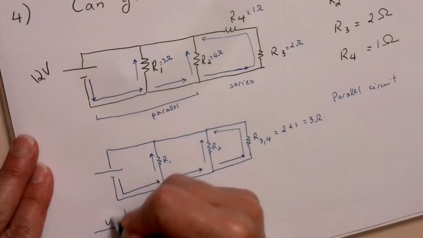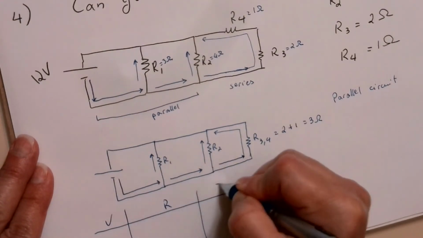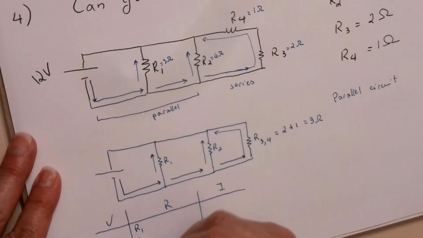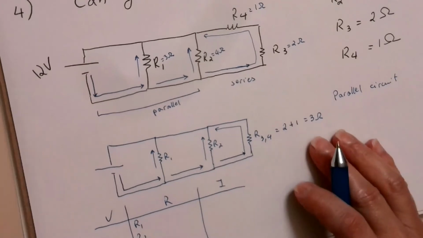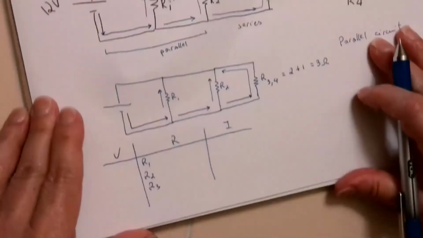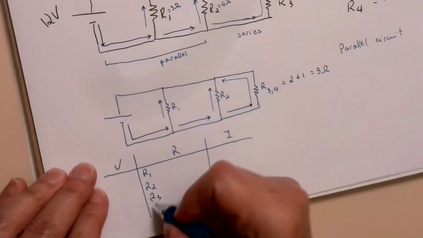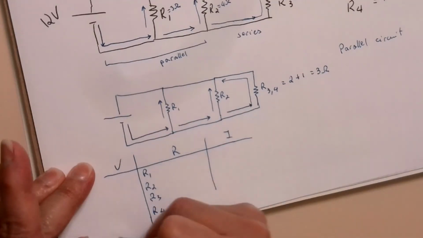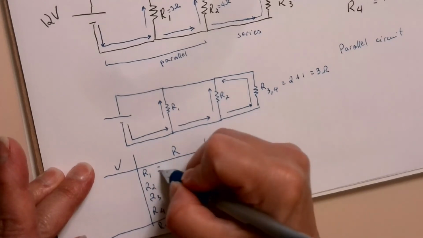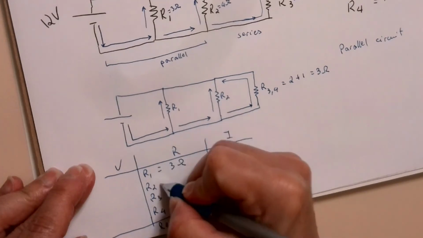Okay? So I do the V, R, I. I have R1, R2, R3 and R4. And I need the R equivalent also. Okay? So R1 is 3 ohms.